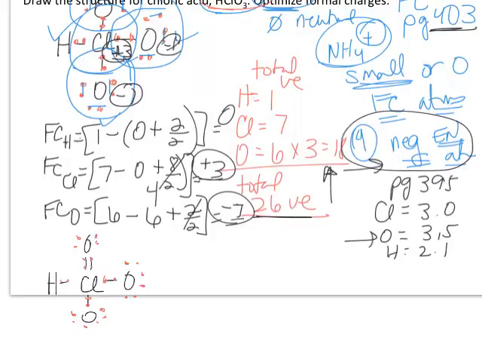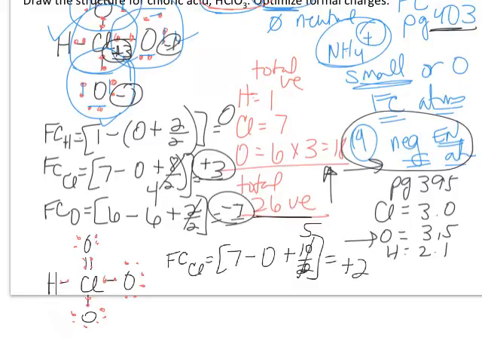And in that case, your formal charge, and you can work this out. Of course, hydrogen stays the same, so it's going to be 0. Your formal charge for your chlorine would be 7 minus 0 plus, now you have 1, 2, 3, 4, 5, 6, 7, 8, 9, 10. 10 divided by 2, which is 5, and 7 minus 5 is a plus 2.